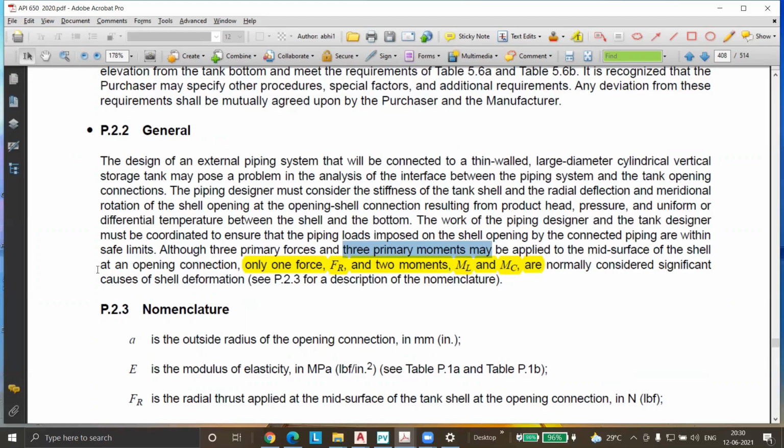So in API only these three are considered for design. Only these three loads we have considered in this API 650.